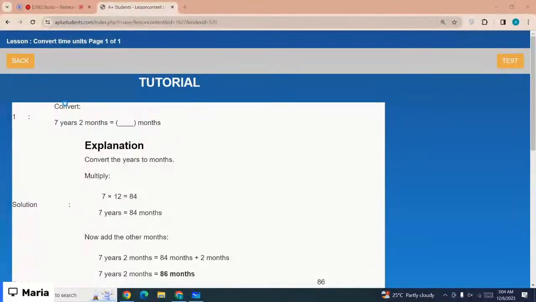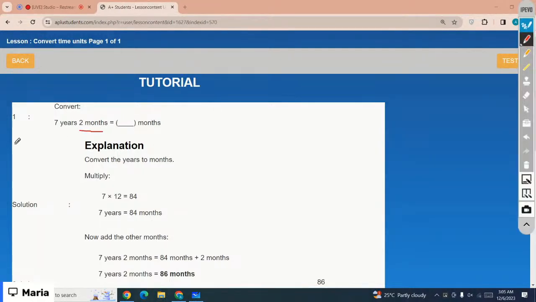In 1 year we have 12 months, right? 2 months is already in months. You just have to convert 7 years into months. We know that in 1 year we have 12 months, so you have to multiply 7 times 12 to convert it to months, right? So 7 times 12 equals 84 months. You already have 2, so you need to add 84 plus 2, that is 86 months, right?